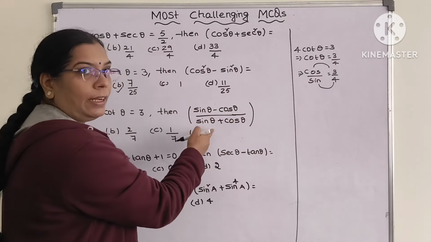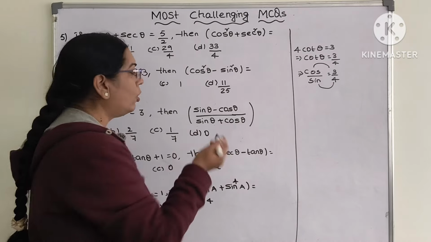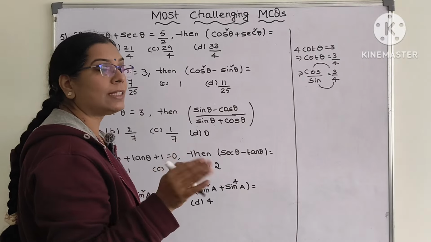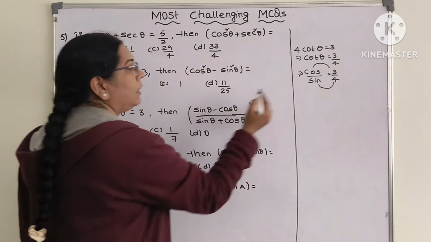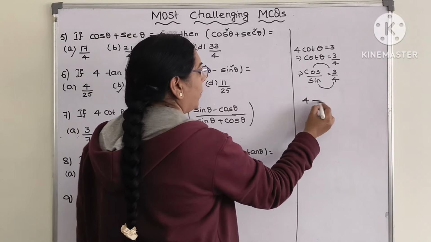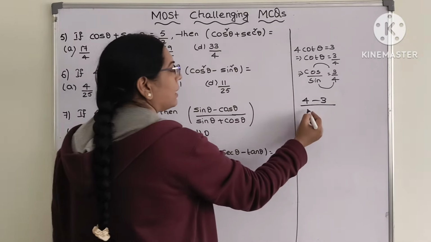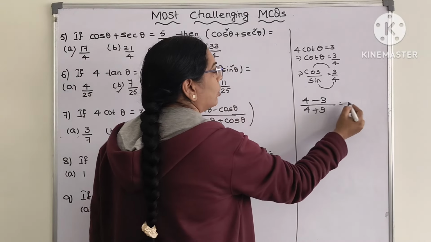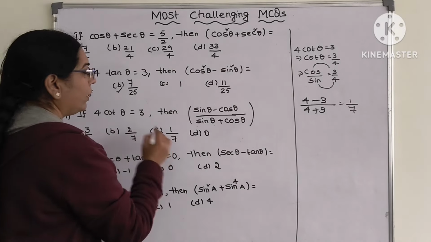See, the expression is in division form, fraction form. So you know sin and cos, the hypotenuse will automatically get cancelled. So I will not bother about finding the hypotenuse. Sin theta, sin is 4, minus cos theta, cos is 3, by sin theta is 4 plus cos theta is 3. So this will be 1 by 7. The answer is 1 by 7.